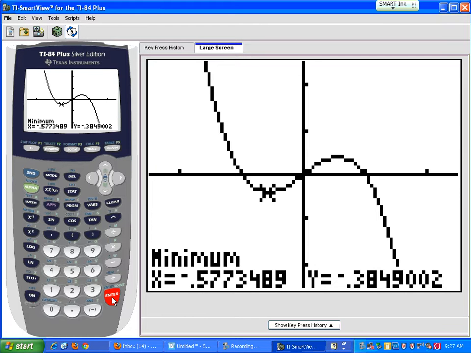So that's the first thing I'm going to write down. Is this an absolute minimum or relative minimum? It's a relative minimum. So we have a relative minimum at, it's hard to read this screen, negative 0.5773.